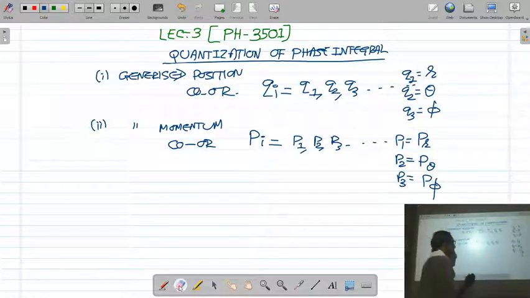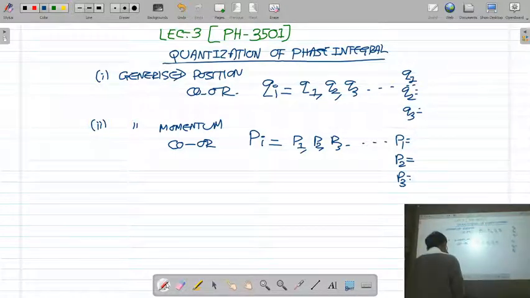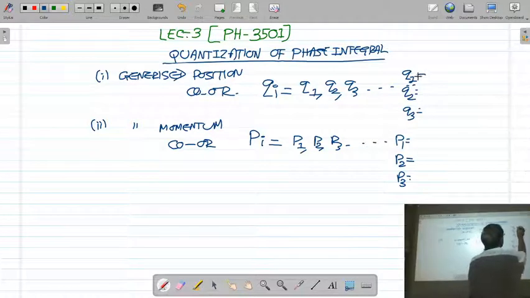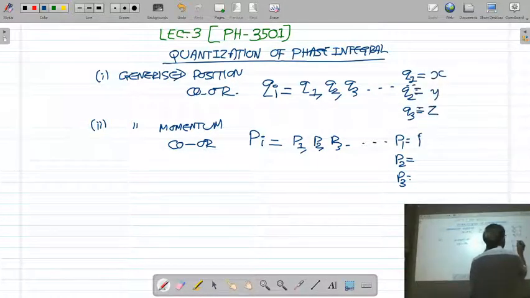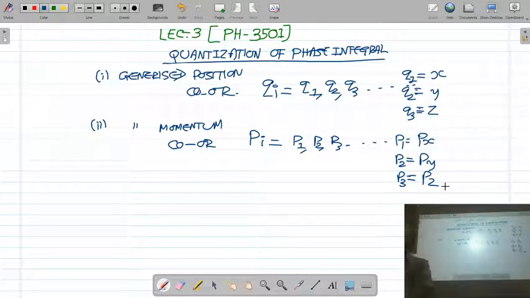Okay. Presently we will work with the Cartesian coordinates. So the Cartesian coordinates are x, y, z. In the x direction the momentum is px, in the y direction the momentum is py, and in the z direction the momentum is pz. Let us consider an example.